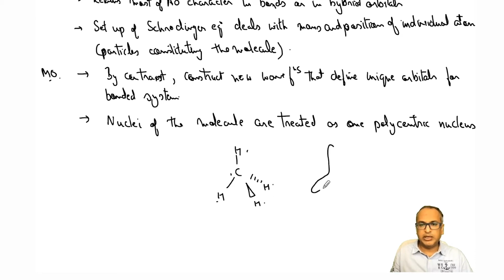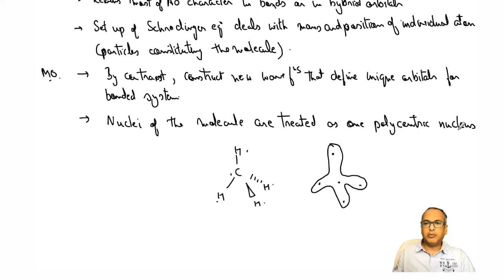Instead of this, I'll consider it as one nucleus which has centers like this. So this is one nucleus, but it has many different charge centers.